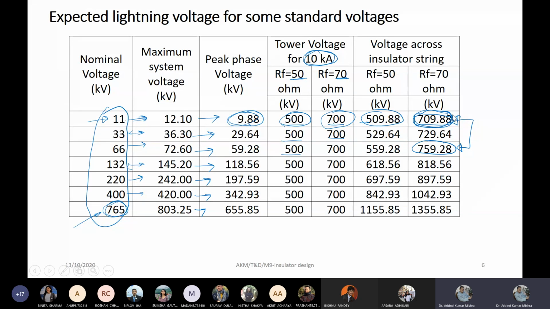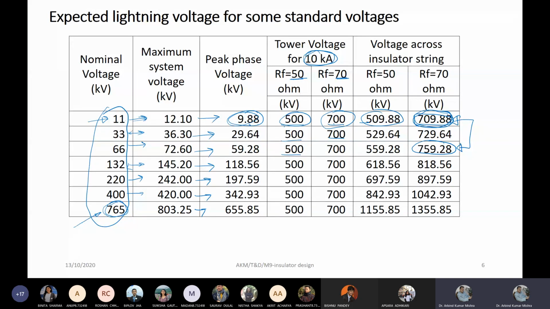And if you are going to design the insulation, one thing I would like to remind you again at this stage is that whenever we design the insulator, it must be capable of withstanding the continuous maximum system voltage, as well as all types of short time overvoltages. So what does it mean?